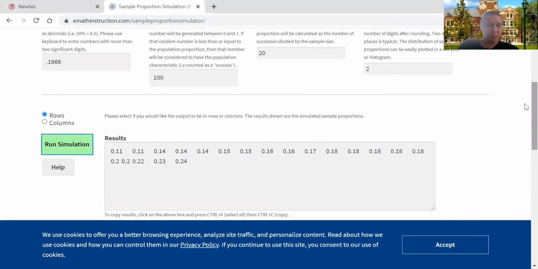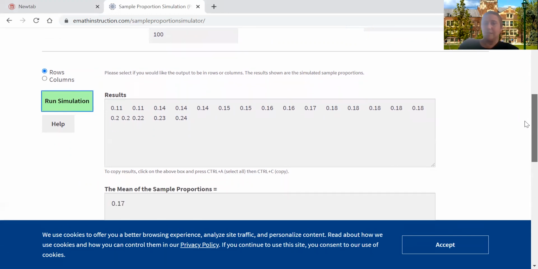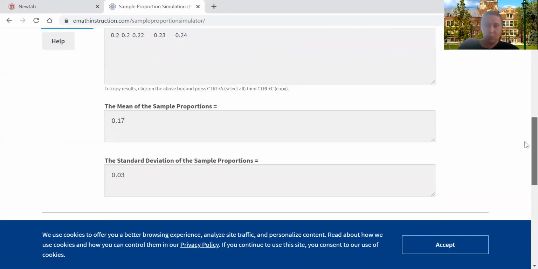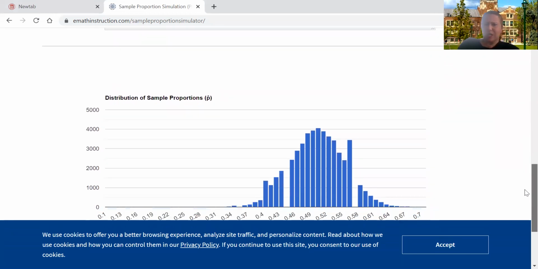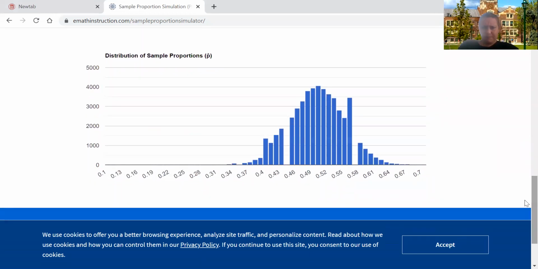So the experimental probability got closer to the theoretical probability. So we'll talk a little bit more about this. Wait, let me go down here and look at the bell-shaped curve. So again, kind of not a perfectly bell-shaped distribution of data. Okay, it approximates a bell-shaped curve, but it's not perfect.